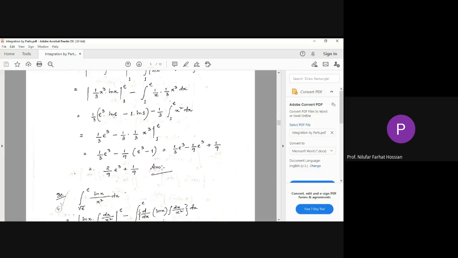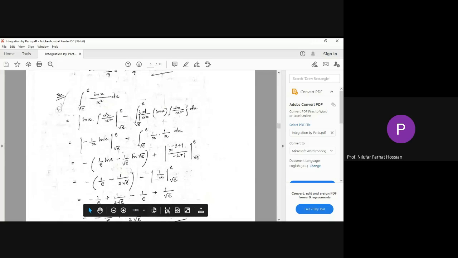Ln of e means it is log e with base e. If the base and the argument are exactly the same thing, the value is 1. So this gives you 1 by 3 e cube. This gives you 0. And then here comes x cube by 3. 1 over 3, this 1 over 3 is here, another x cube by 3, and then put down the limits 1 to e. Then this is simple algebra. You are getting this result.